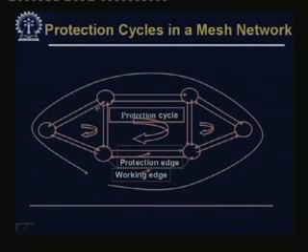So, you try to form these cycles in the mesh which you keep ready and pre-computed, so that whenever there is a failure you can switch. So, you can see here, there are pairs of fibers going in both the directions, and you can form cycles over there.